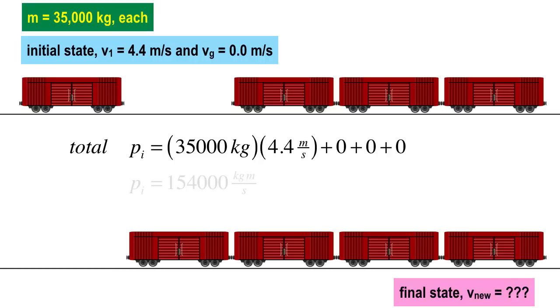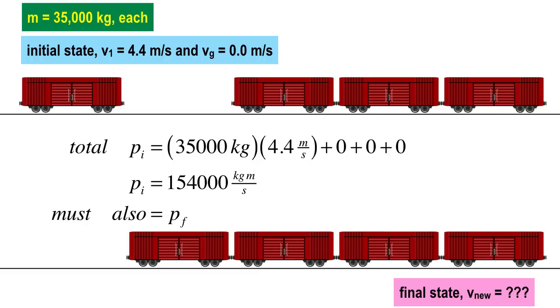can anybody verify me, 154,000? Get your calculators out, start verifying. You're going to have to do some calculations here in a minute. Got it? Okay, good. Now, they're exchanging momentum, but the total is not going to change. So the momentum afterwards, P subscript F, P final, is also going to be 154,000.